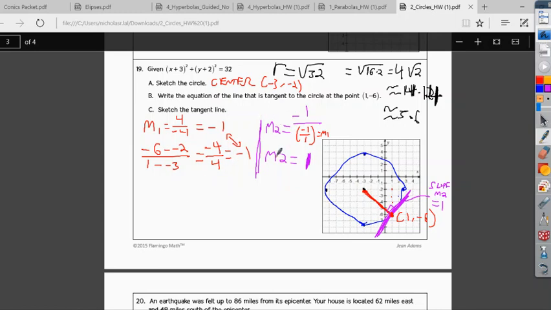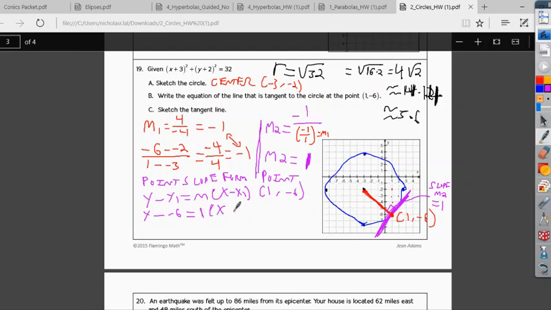So now we have a point, we have m2, which is the slope. Our point is 1, negative 6, so we can use point slope form. Y minus y1 is equal to m times x minus x1. Y minus y1, negative 6, is equal to 1 times x minus 1.